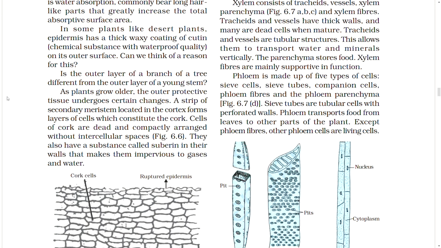Phloem is made up of five types of cells: sieve cells, sieve tubes, companion cells, phloem fibers, and the phloem parenchyma. Figure D. Sieve tubes are tubular cells with perforated walls. Phloem transports food from leaves to other parts of the plant. Except phloem fibers, other phloem cells are living cells.